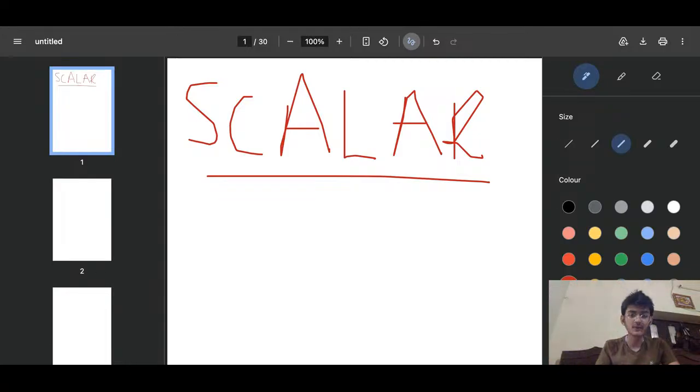It is following its own algebraic law of addition. So it is following the rules of algebra.